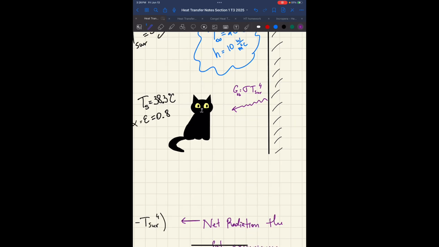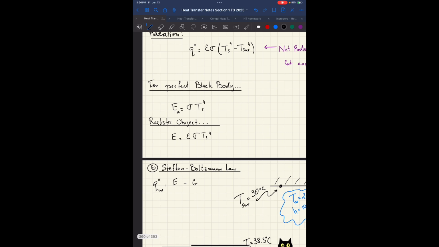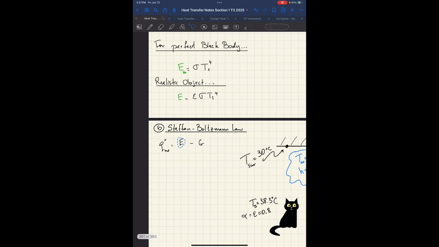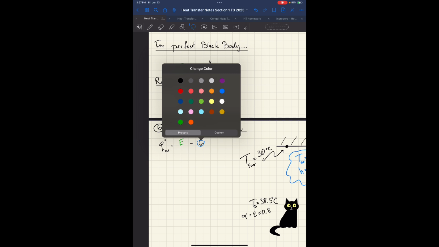What the cat actually absorbs, the realistic one, is going to be just G. All right, so I'm going to write that down here. By the way, I like to usually use green for the emitted radiation and purple for the absorbed radiation. So this one is emitted. This one is absorbed.